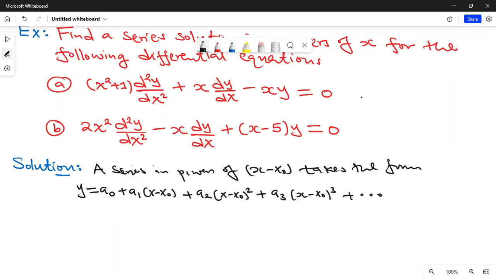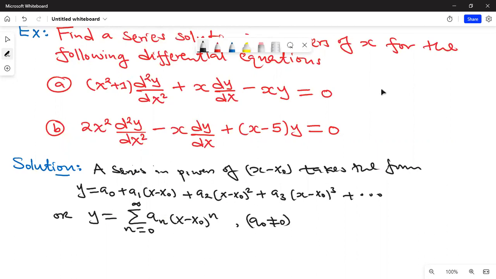This can as well be written as y equals the sum from n equals 0 to infinity of a subscript n times (x minus x naught) raised to n. So these are series in powers of x minus x naught.